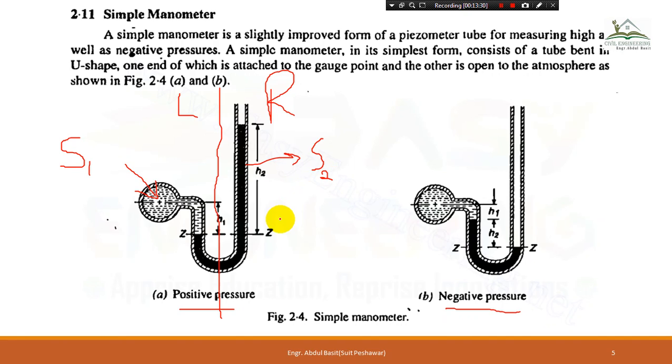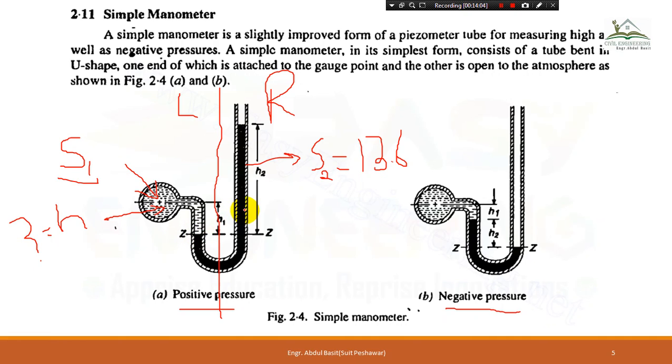As this is mercury, Sm can also be mentioned over here, and that is 13.6. This is known, and the other may or may not be known to you. Secondly, there will be some pressure of this fluid, which can be determined in the form of head, which we need to determine. This is our task for this manometer.